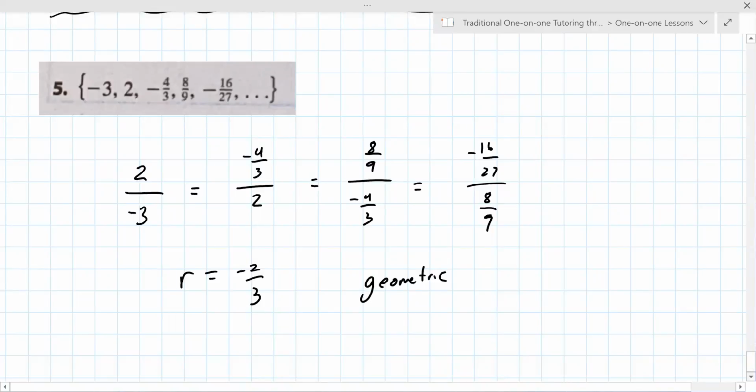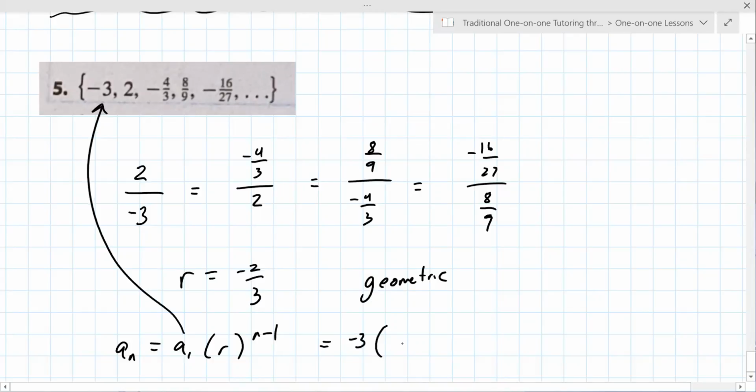Since it's geometric, you say a_n equals a_1 times r to the n minus 1 power. Your a_1 is the first term, so that's -3, times your r, which we just calculated.